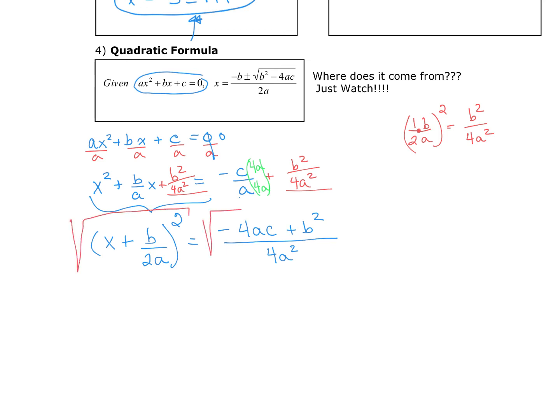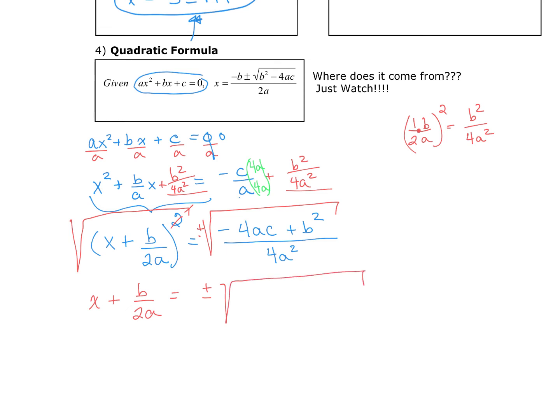So I'll take the roots here, plus or minus, and we have x plus b over 2a, because the square root and the square make them go away. They're inverse operations, equals plus or minus the square root.